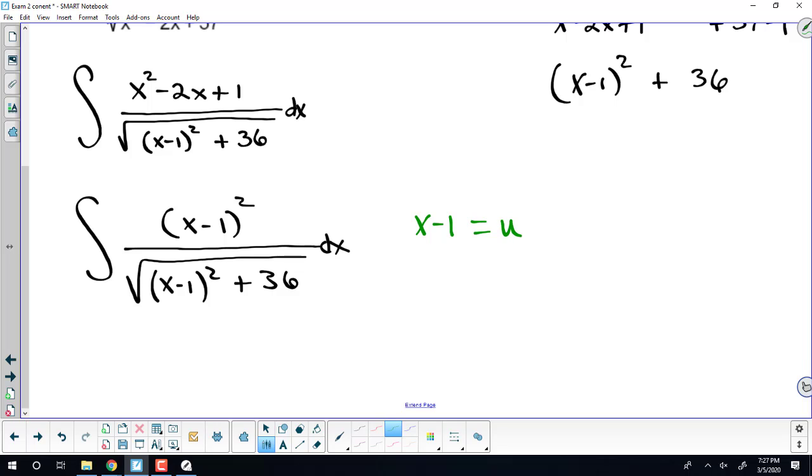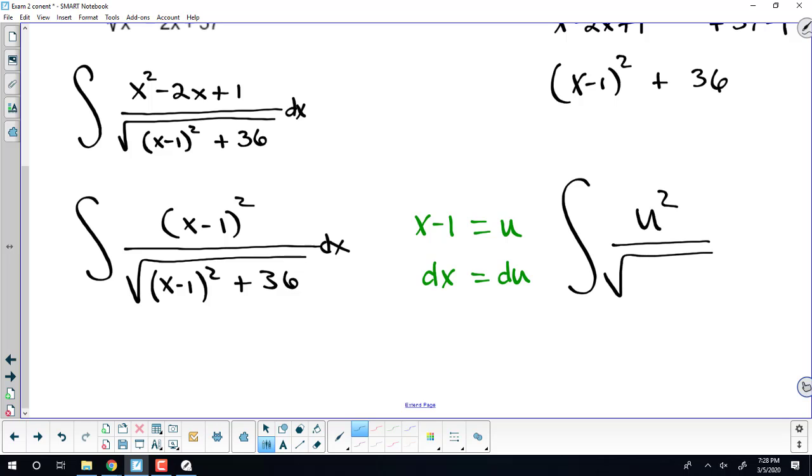So u is going to be x minus 1. dx is du. And so it just turns into that.